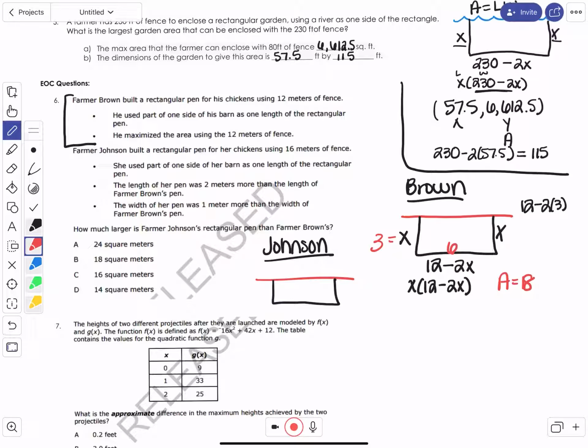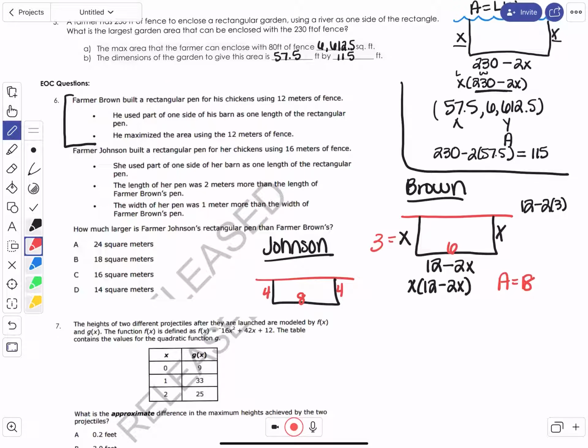So if Brown's was 6, Johnson's has got to be 8, because if it's 2 meters more, it's got to be 8. The width of her pen was 1 meter more than the width. So if Brown's was 3 and Johnson's was 1 more, it's got to be 4. Okay, so this over here is 4.